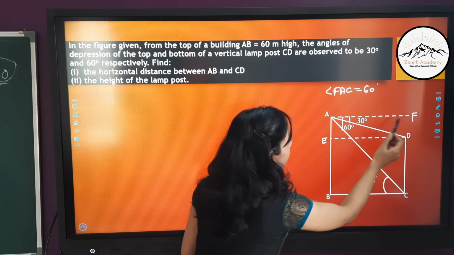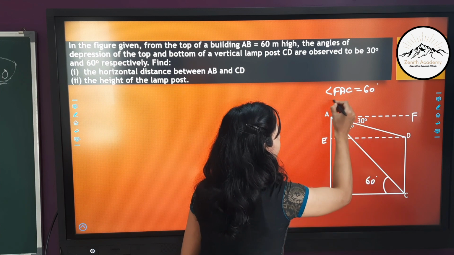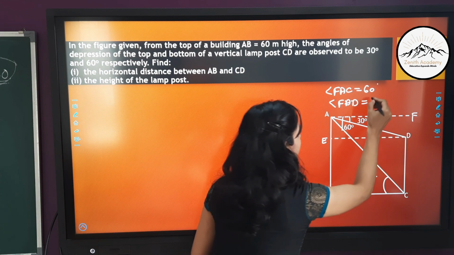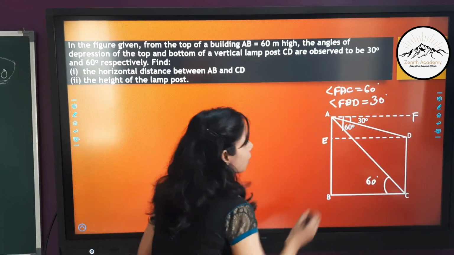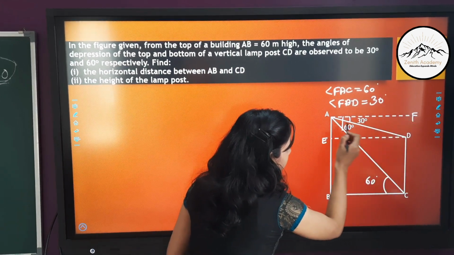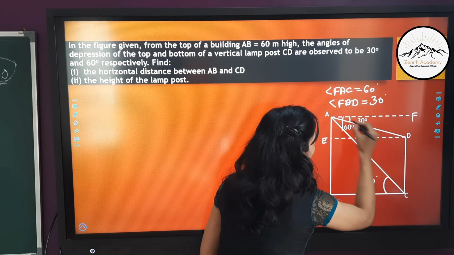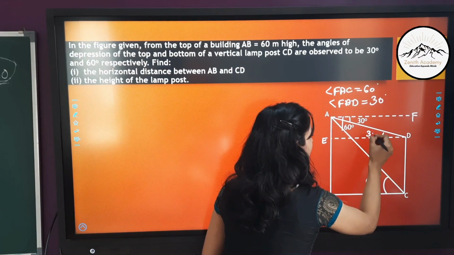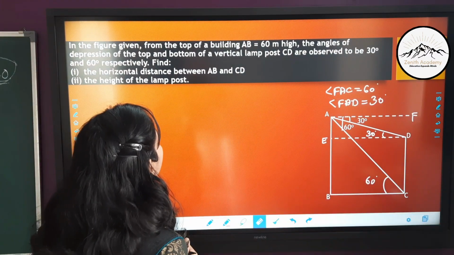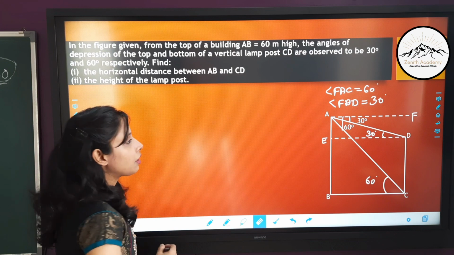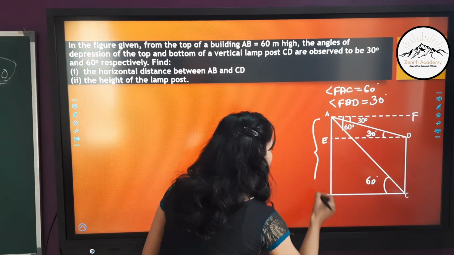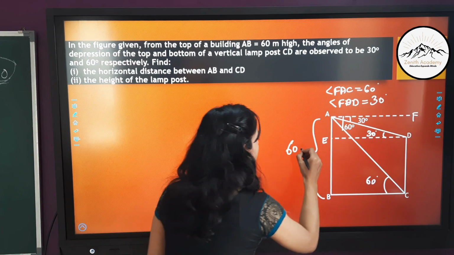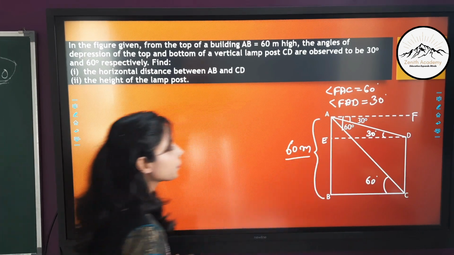Similarly, if we see angle FAD, FAD is equal to 30 degrees. So in a similar manner, angle ADE will be equal to 30 degrees also, the angle of elevation. From the top of a building, AB is equal to 60 meters high. This whole AB, that is the length of the building, is given to us as 60 meters.